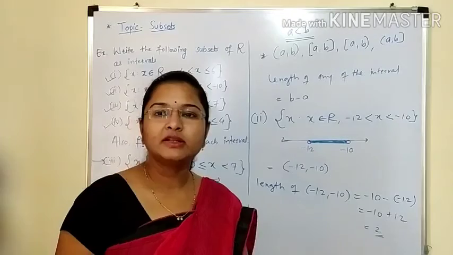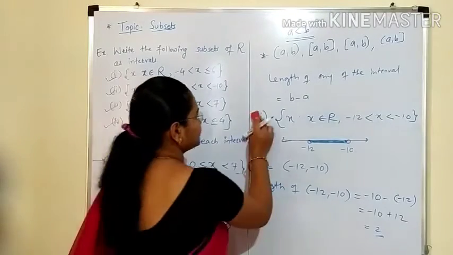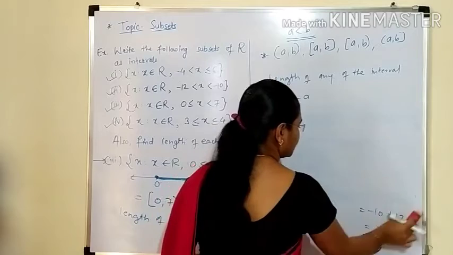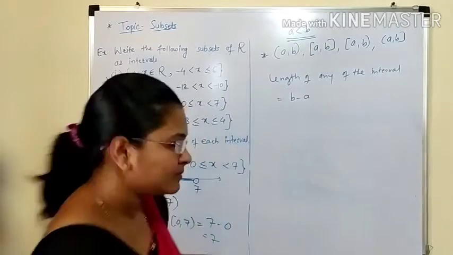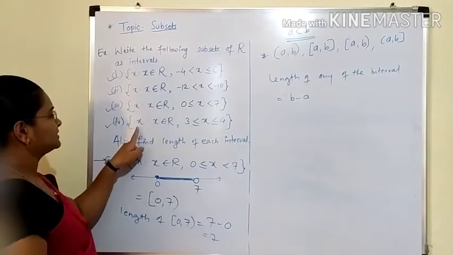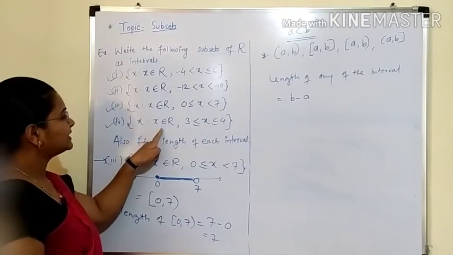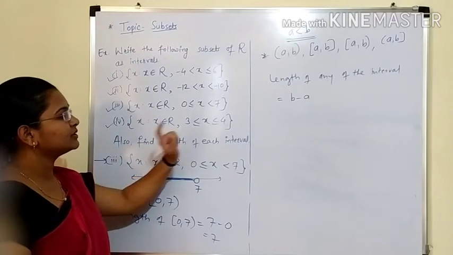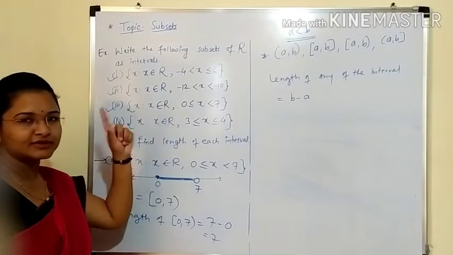Understood? Now we'll take the fourth question. Set of x such that x from the set of real numbers, 3 less equal to x less equal to 4. Only this interval was remaining.